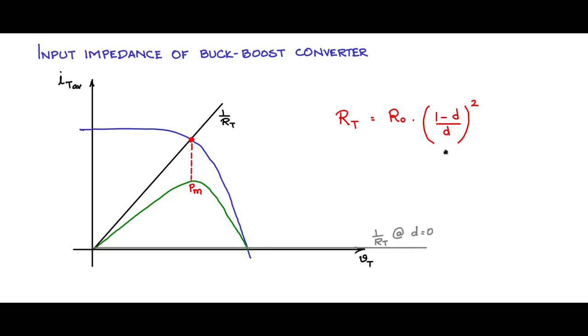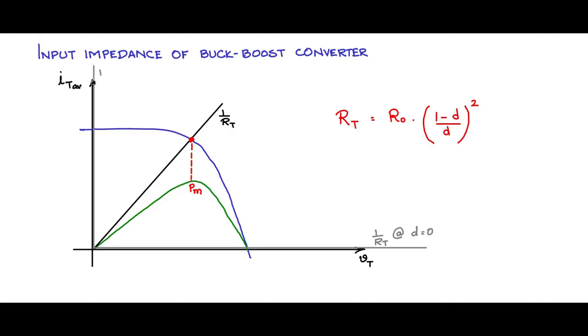Now if d is equal to 1, this is 1, this will be 1, and this is 0. So whatever may be the value of R naught, this works out to be 0. So RT is 0, implying that it is presenting an effective short circuit across the terminals of the PV panel. Which means it is along the y-axis.